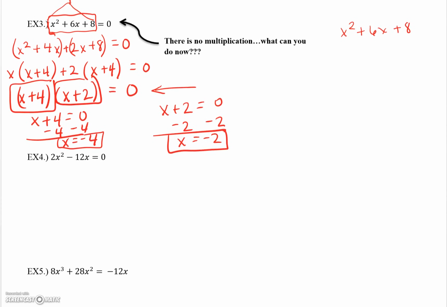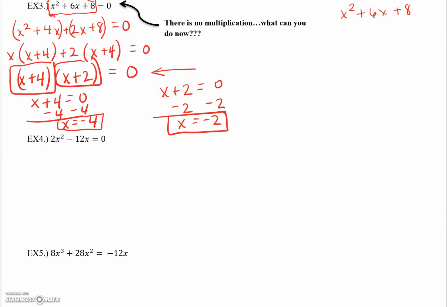Okay, let's take a look at the next example. Here, first of all, again, notice it's equal to 0. There is no multiplication like we had in example 3, and this one's a little funky because it's only a binomial, so there's only two terms on the left-hand side. So we can't do the factoring with the regrouping or with the rectangle method.